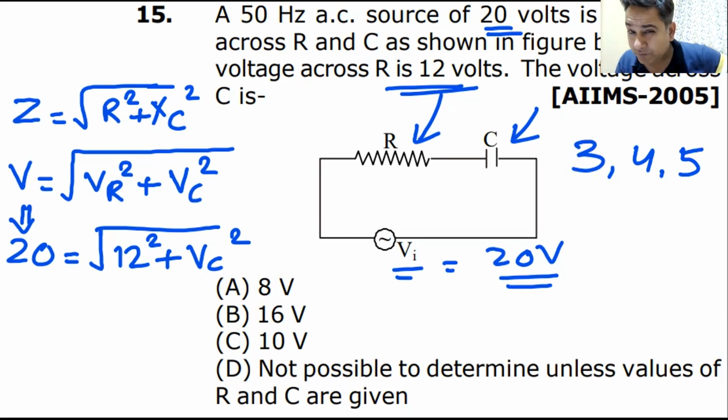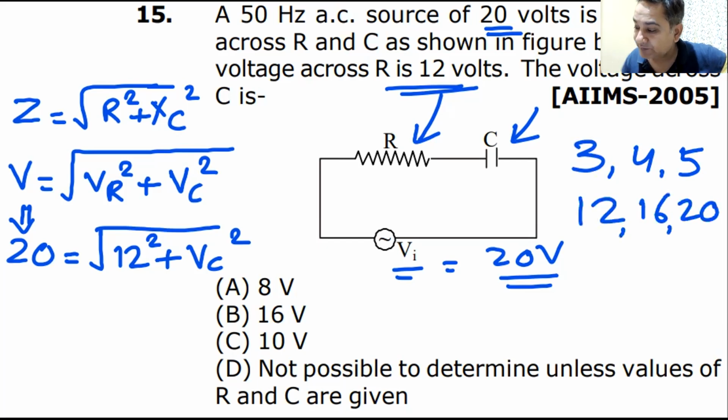If I multiply all by 4, 12, 16 and 20 will be Pythagorean triplets. I can see 20 here. I can see 12 here. You have the answer. Questions are always made in such a way that somehow they come to a Pythagorean triplet.